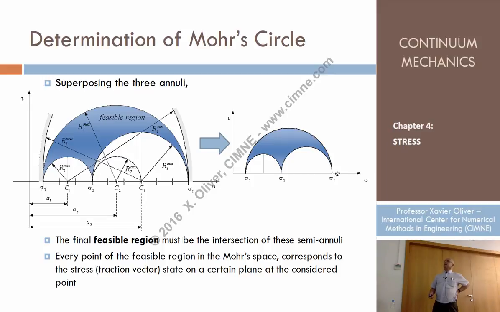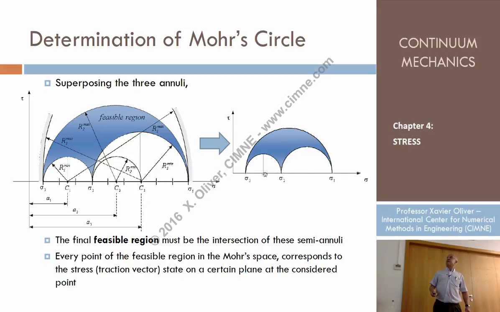I have the 3 points representative of sigma 1, the plane where the first principal stress acts, which is that, sigma 1 tau equals 0. The plane where sigma 2, the second principal stress acts, which is normal stress sigma 2, tau 0, and that's the 3. Once I have that, constructing the feasible region is just constructing 3 half circles.